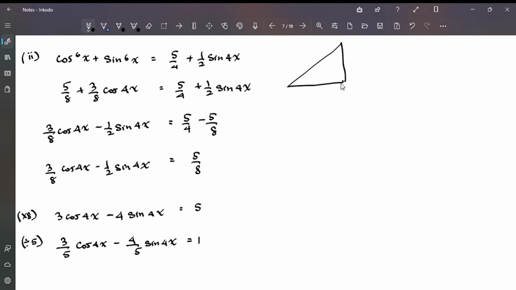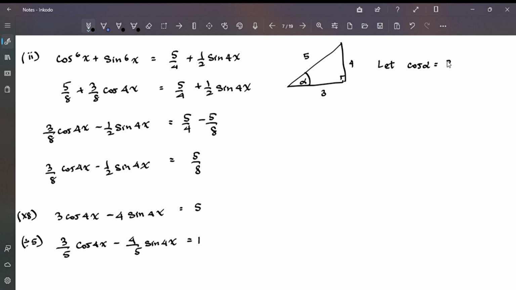Okay. Now I'm going to define a value for a new angle. This is a triangle. Let this angle be alpha. Here the hypotenuse will be 5, right angle triangle. The adjacent side is going to be 3 and the opposite side is going to be 4.